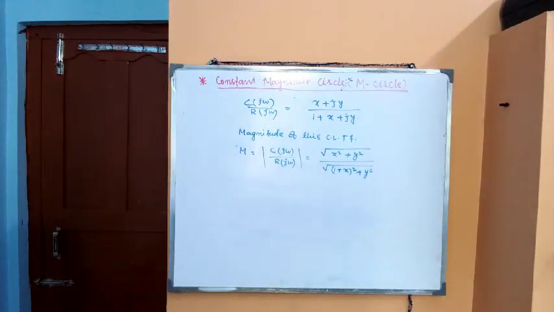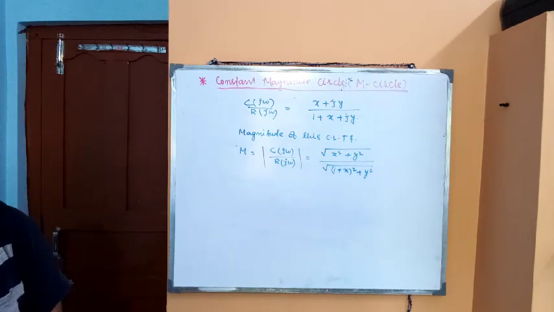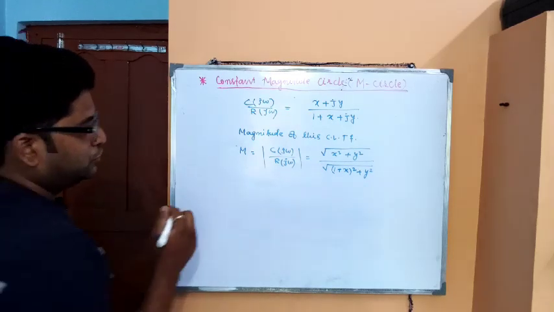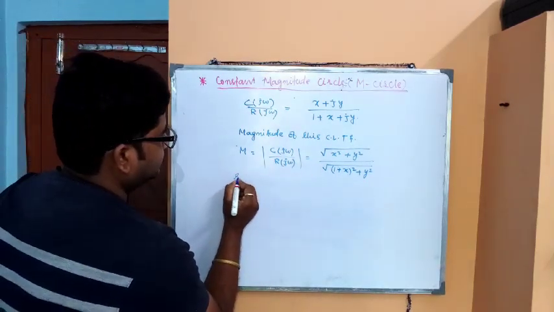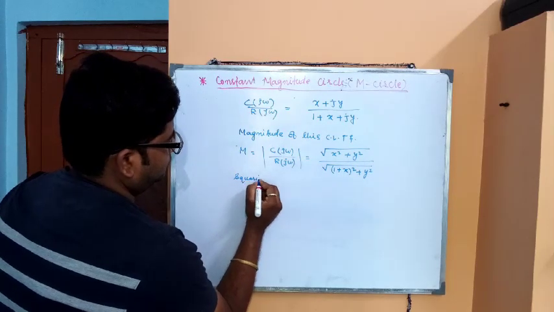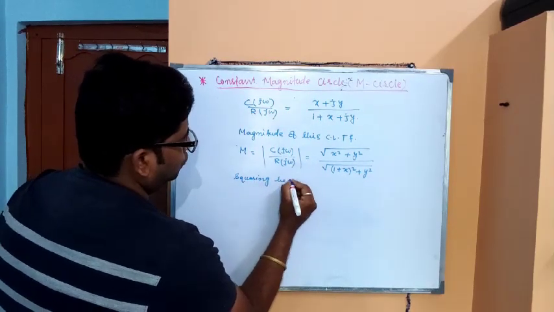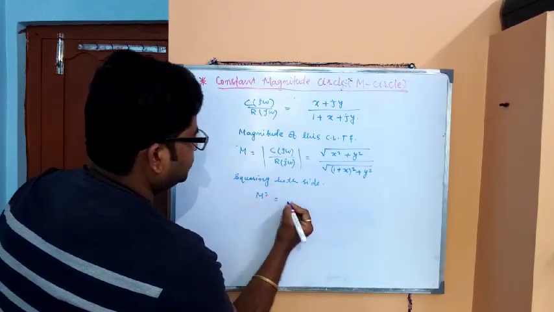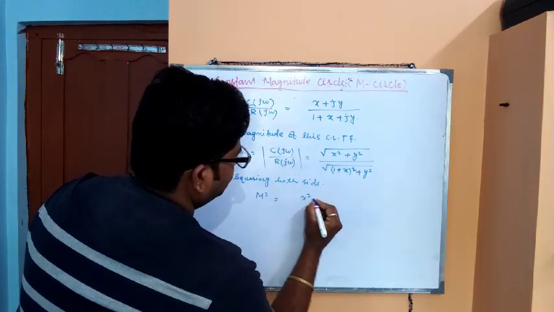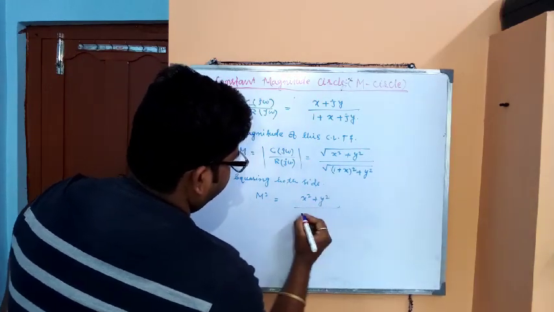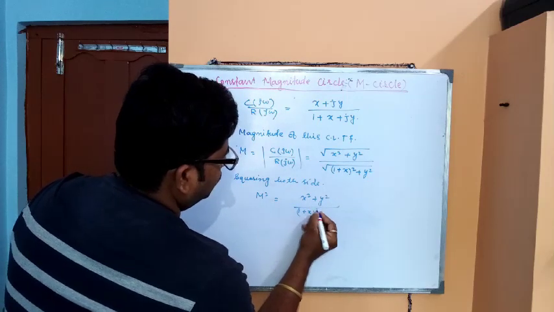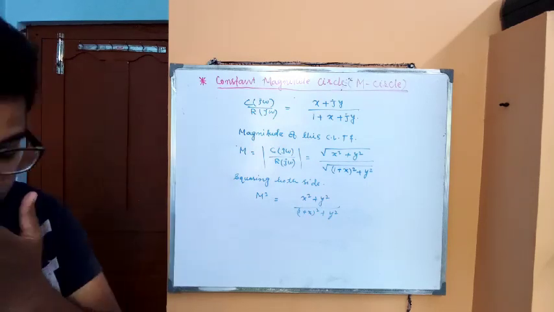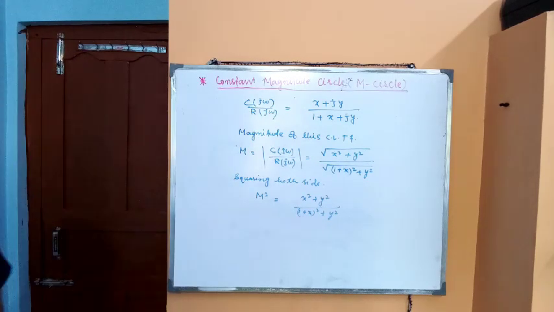We got the magnitude expression like this. Now squaring both the sides, we got M square is equal to x square plus y square divided by 1 plus x whole square plus y square. After squaring the magnitude expression, we got this type of equation.